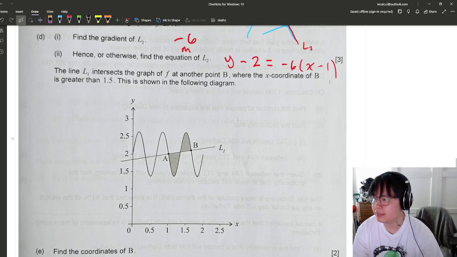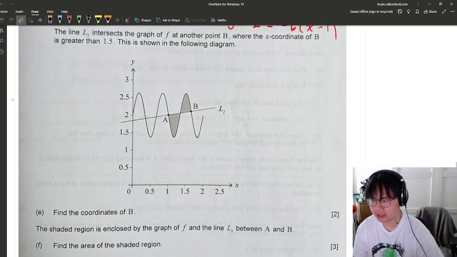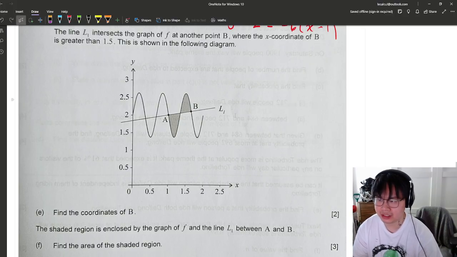Okay, and then here's line 1 again. It intersects the graph at another point B, where the x-coordinate is greater than 1.5. Find the coordinates of B. Easy enough. We have the equation for both of them, so you can use your GDC to find their point of intersection.